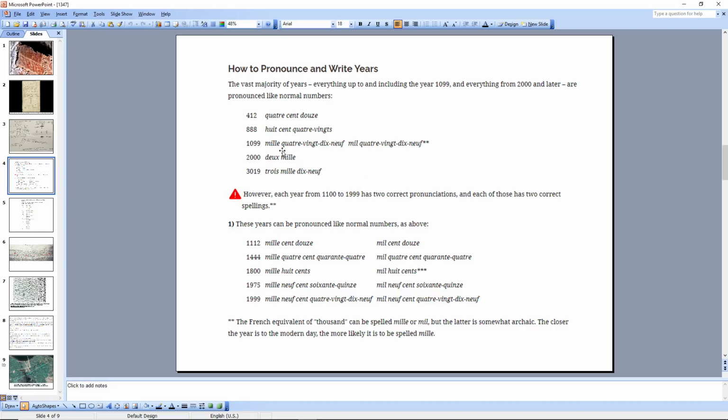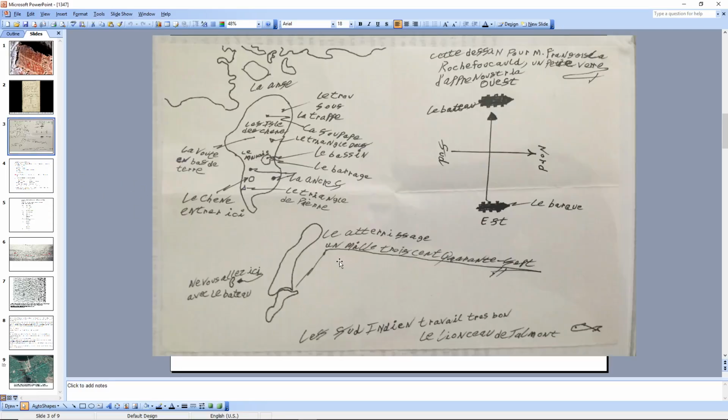And when you write a date, because we all thought it was a date, it would start off with just the mille. It would not say un mille for 1,000. So this shows that it is not a date because of the way it's written. And you can see right here, it's written un mille trois cent quarante sept.